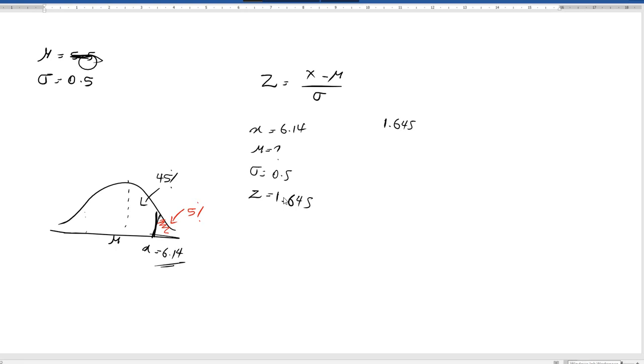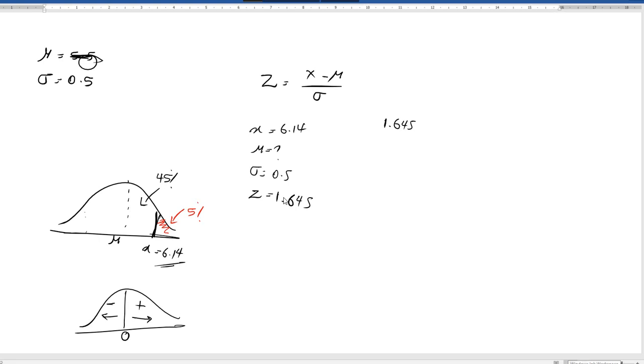Always remember that, that's an important point. Because in the standard normal distribution of the z value, mean is always 0, values here are positive, values here are negative. Okay, that's an important point.